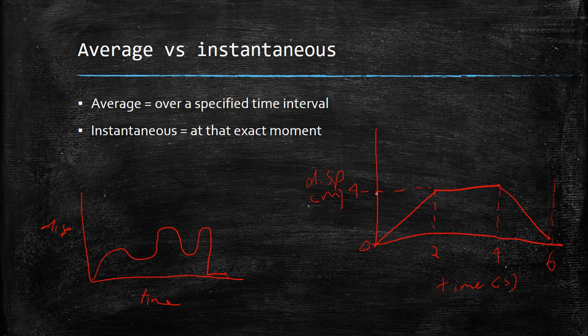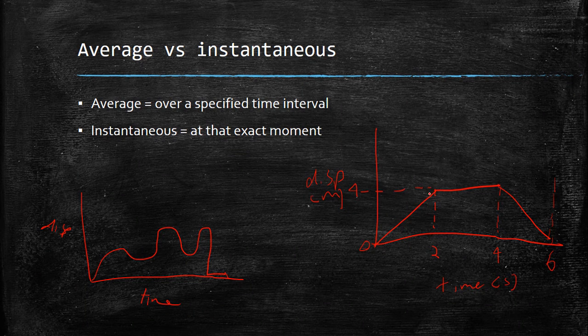Well, the average rate is, so let's say they want you to figure out the average velocity from 0 to 2 seconds. Now, as you know, or maybe you don't, the gradient on a displacement-time graph is equal to the velocity.